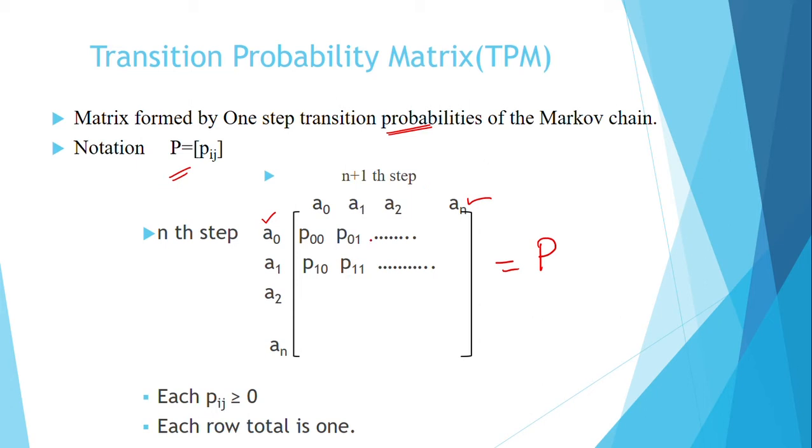Each entry of the matrix is a probability, so it must satisfy the following: Pij greater than or equal to 0 always, and each row total is 1. Okay, let us move on to the next definition.